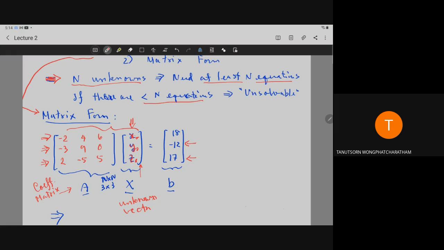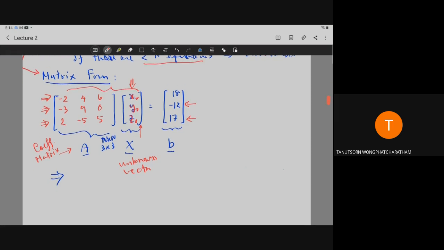So what happens here is that, in this case, A, the coefficient matrix, has the dimension of 3 by 3, which is a square matrix. So if you write the equation as AX equal to B like this, how do you think we can solve it in general?